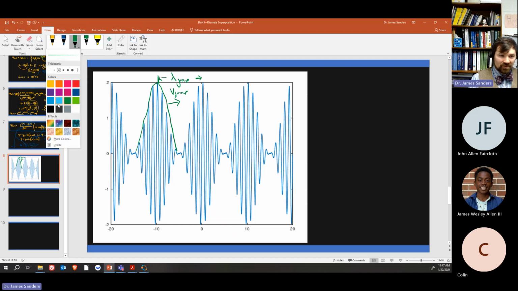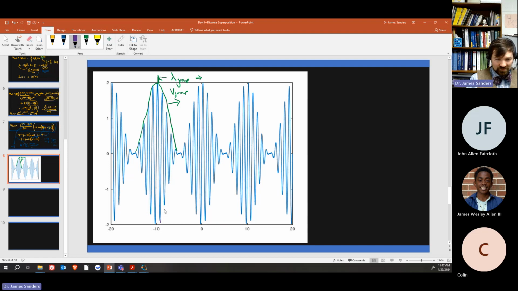And then down below, we have a peak to peak distance like this. Sorry, this is lambda phase. And these right here individually are moving at V phase.